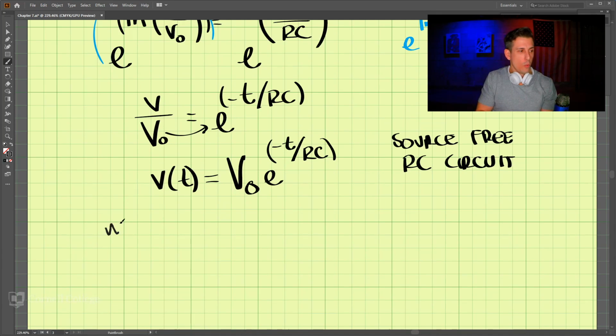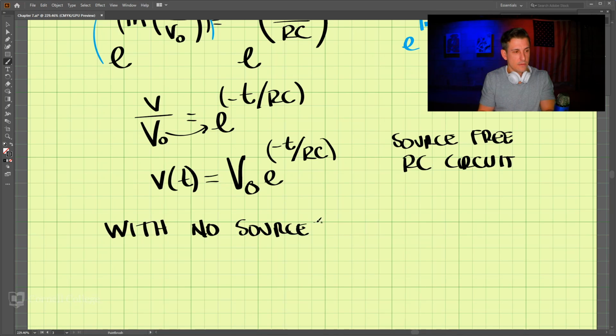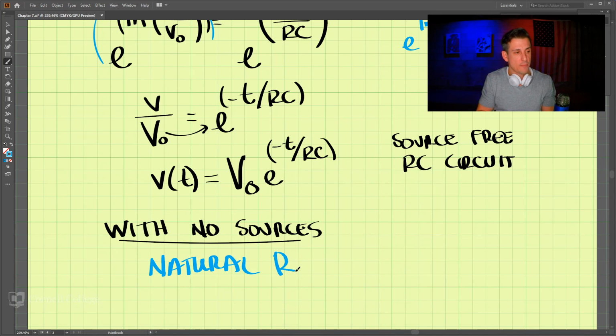With no sources, this equation is known as the natural response.